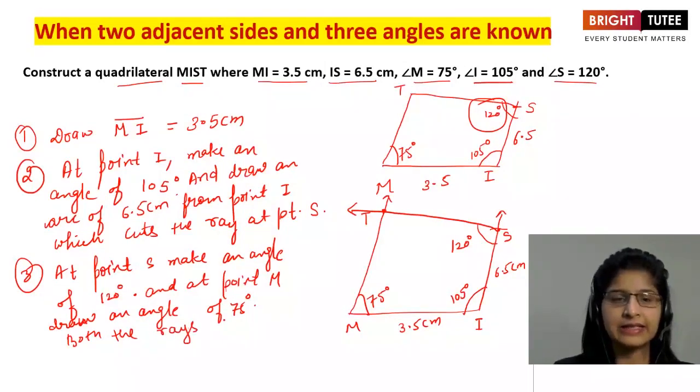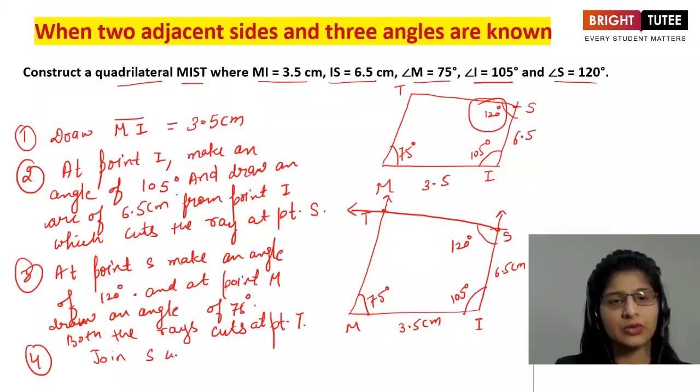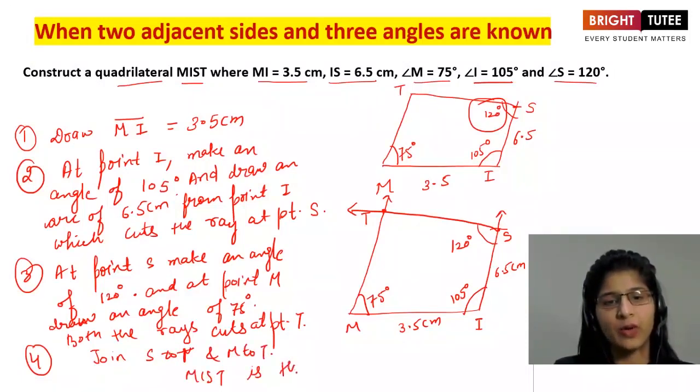Both these rays, one from M and one from S, cut at point T. Then the fourth step: join S to T and M to T, and then MIST is the required quadrilateral.